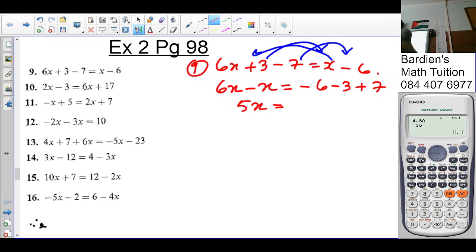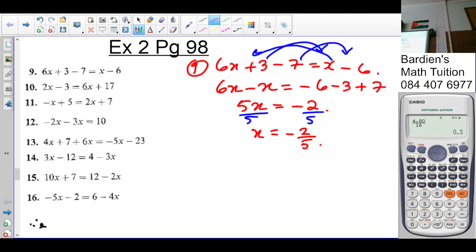Negative 6 minus 3 is negative 9. Plus 7 is negative 2. She's correct. 5x. Divide by 5 both sides, yes? So x is equal to negative 2 over 5. How did you get 2?